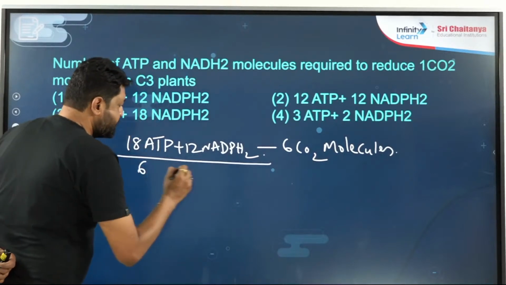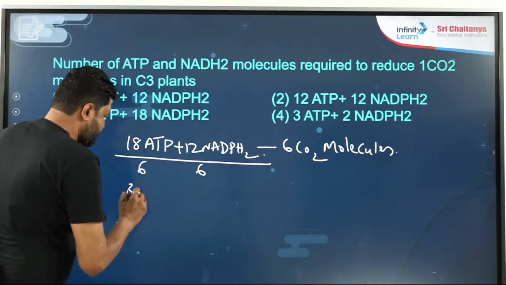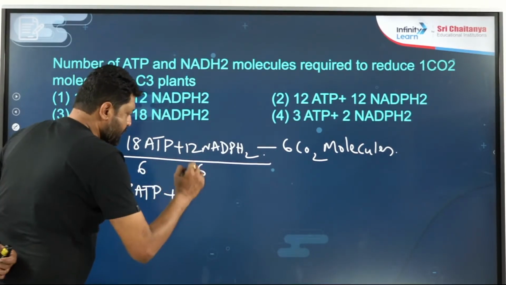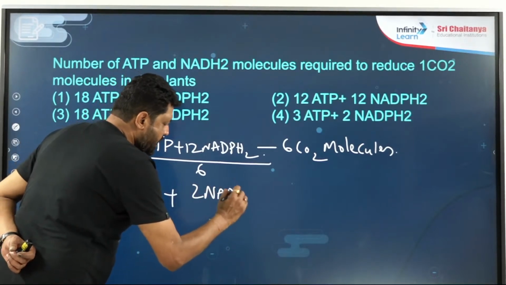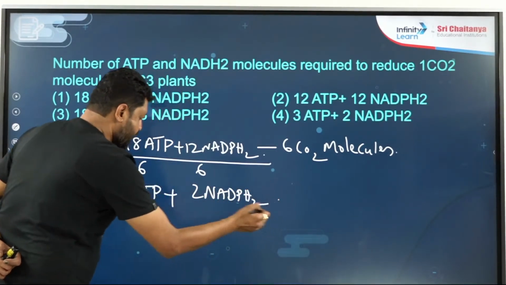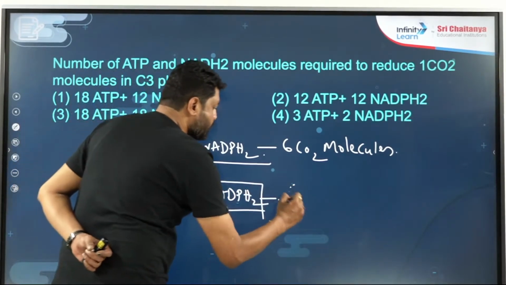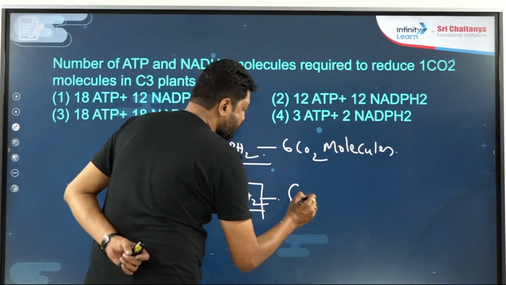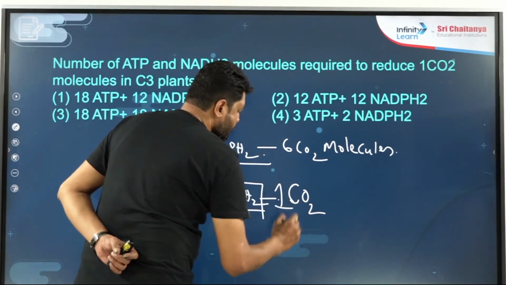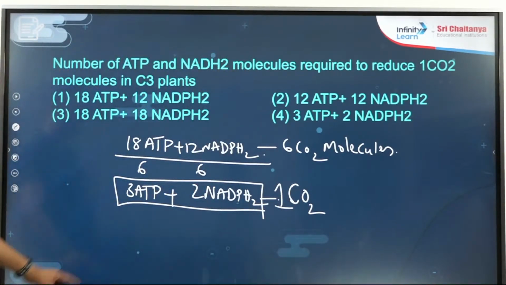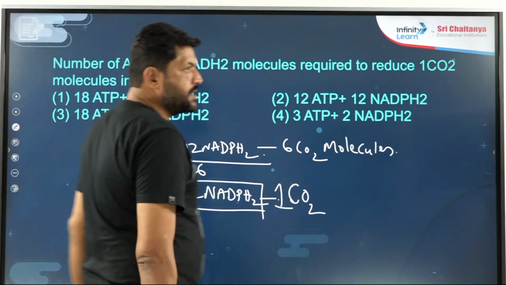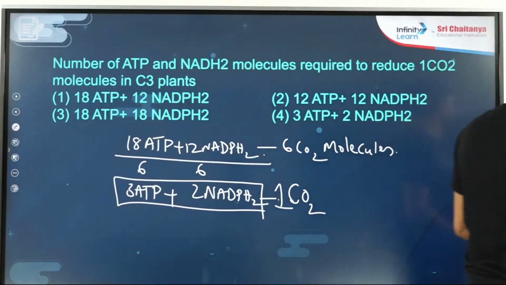Then divide by 6: so 3 ATP plus 2 NADPH2 are required for the reduction of one CO2 molecule in the dark reaction. 3 ATP plus 2 NADPH2. Just now we discussed this.